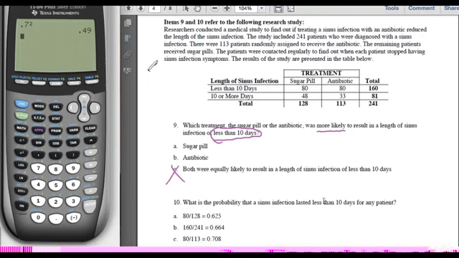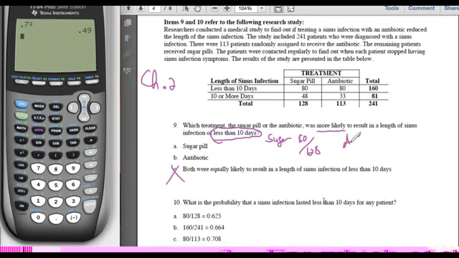but that's not the case. We saw two-way tables like this first off in Chapter 2, and we discussed that we never compare the raw data. Instead, we want to compare the percentages. What percent of people who took the sugar pill had an infection of less than 10 days, and what percentage of people who took the antibiotic had an infection of less than 10 days? So for the sugar pill, you would take 80 and divide by 128.